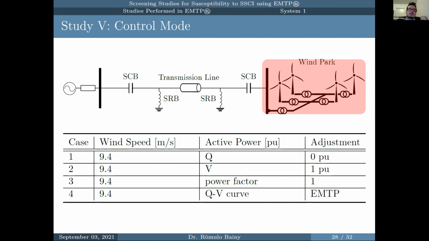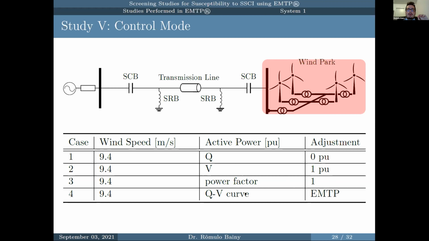The voltage control mode, where we want to set the voltage to 1 per unit. The power factor set to 1. And we also represent the QV curve, for which we use the curve available in EMTP.